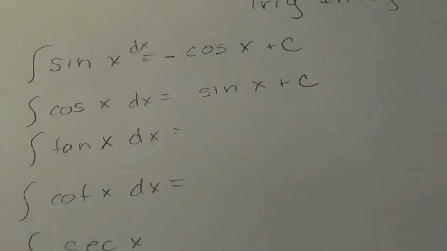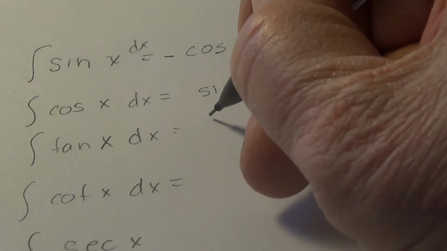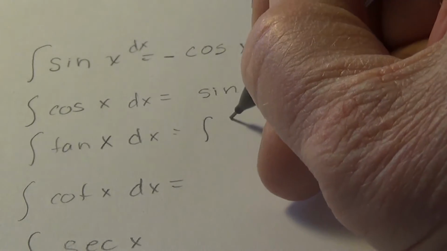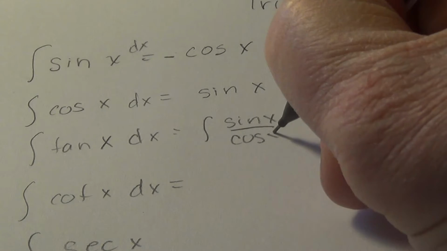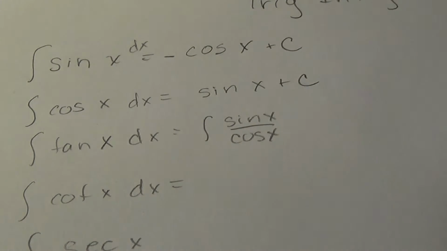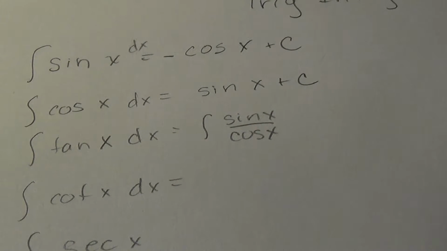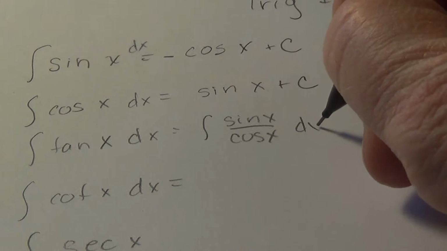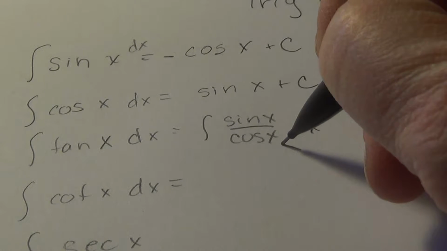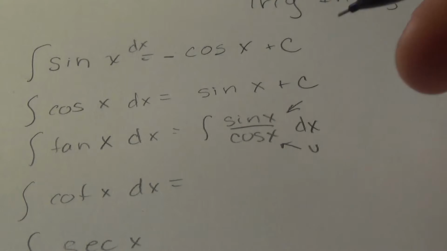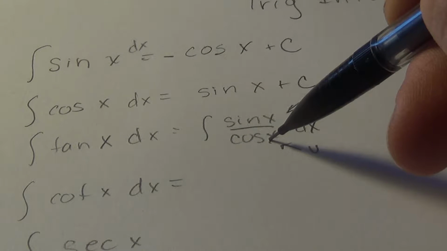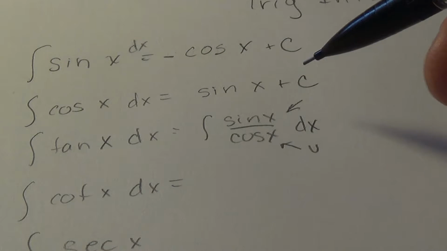And tangent, you should be able to get from remembering this trig ID. Did you remember that tangent is sine over cosine? It's one of the basic trig IDs. So if I rewrite it like that, do you see that if this is my u, this is almost my du, because the derivative of cosine is negative sine.